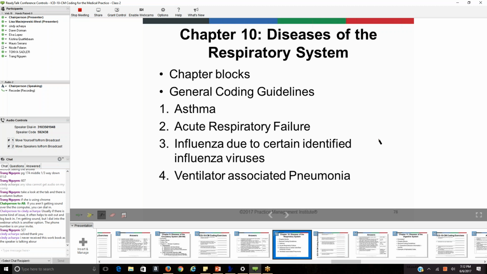Influenza, let's go to number 3 on page 66 in the middle. Influenza due to certain identified influenza viruses. Now, why are the respiratory conditions, influenza and pneumonia, in this chapter and not in Chapter 1, certain infectious and parasitic diseases, which were diseases of a bacterial nature?